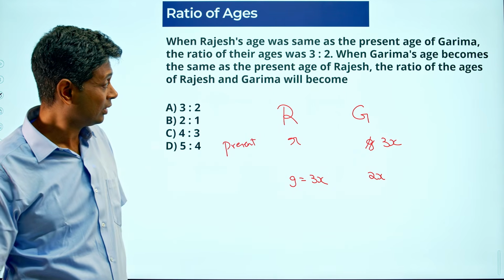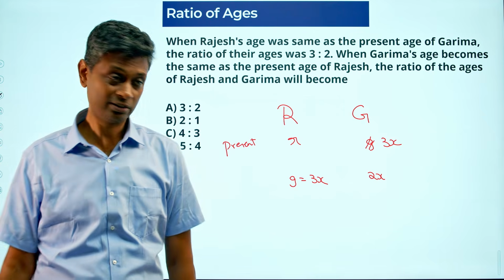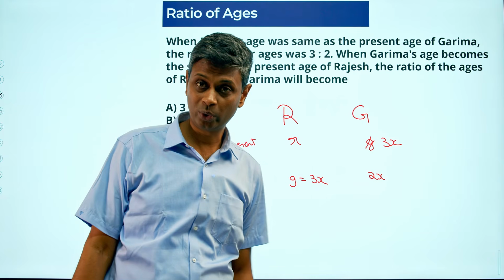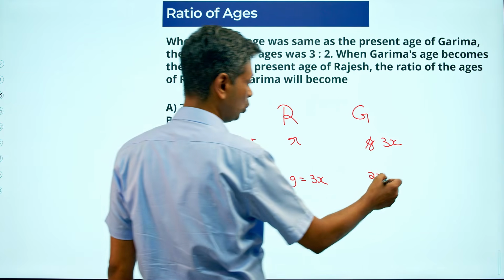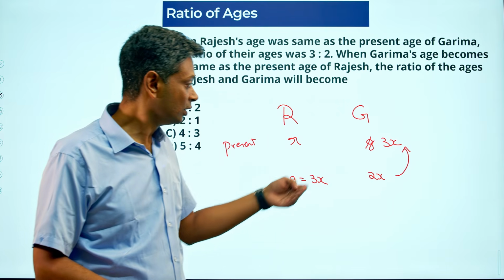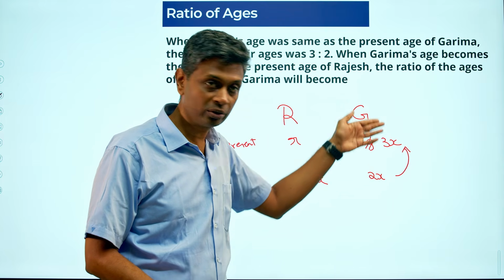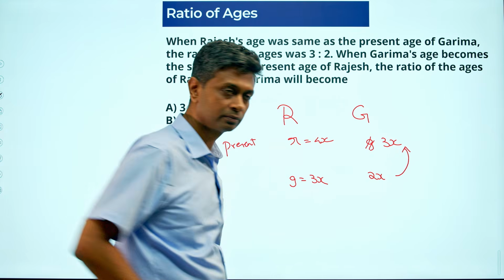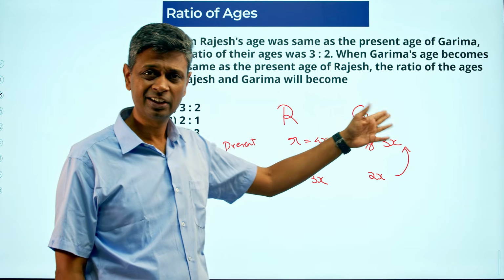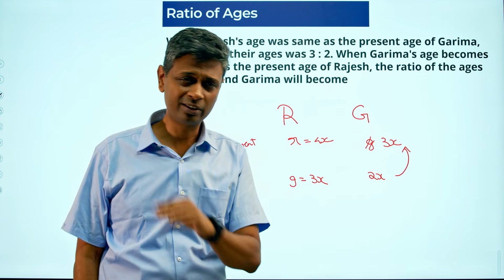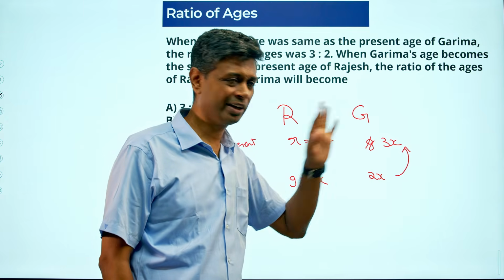We start with R is to G, and 3:2 is 3x, 2x. So plonk this as 3x and 2x, call that as 3x, we're done.